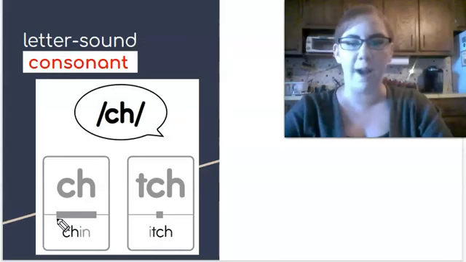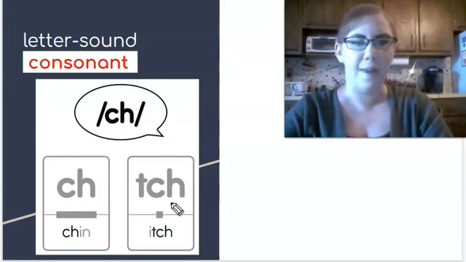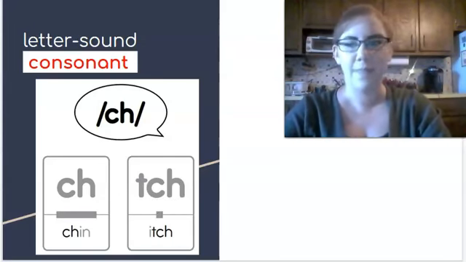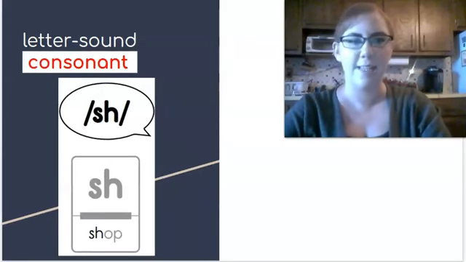Let's look at the power bar. It's pretty big. That means it's pretty common for ch to be spelled with a CH. There is another spelling for CH, and we'll learn about that later on. Let's look at another consonant digraph. What is this one? Shh.